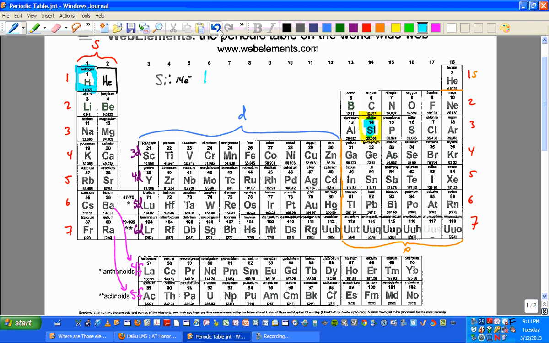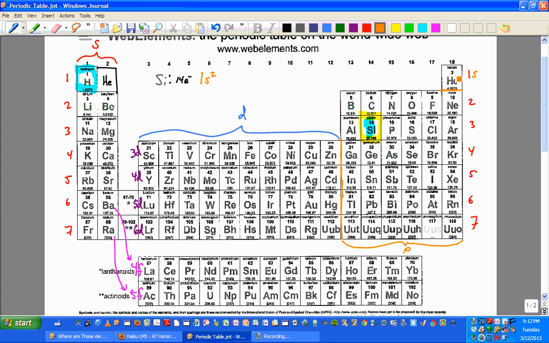So it's 1s, and I'm going through the whole row, so that's 1s2. Remember, that goes up as a superscript. So this first number is my energy level. The letter is the sublevel, and that's the number of electrons in that sublevel.